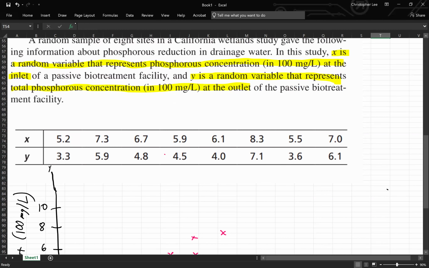Any questions on the scatter diagram? This is way easier than slope. This is it. Just plot the points. Less steps, exactly. Or is it easy because we did the slope already? I agree.